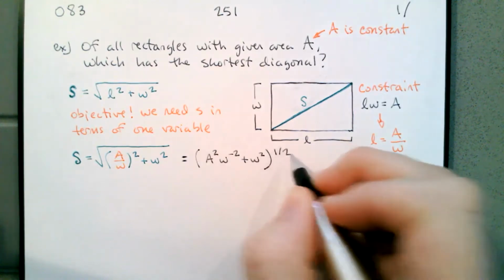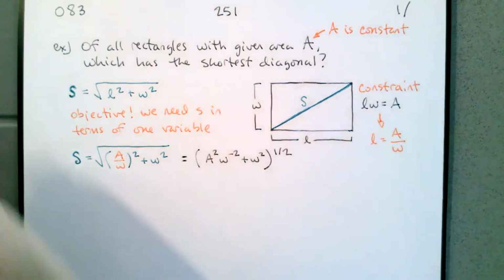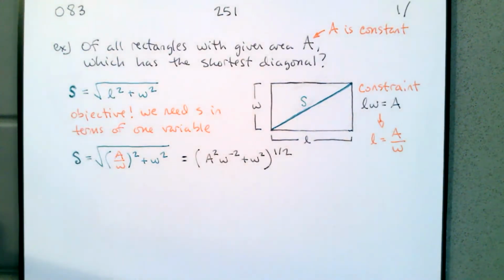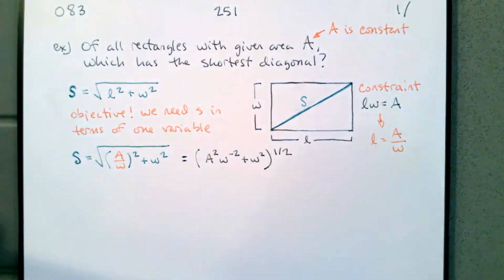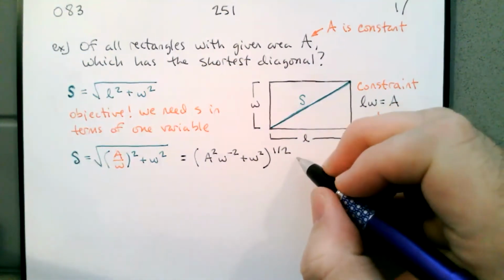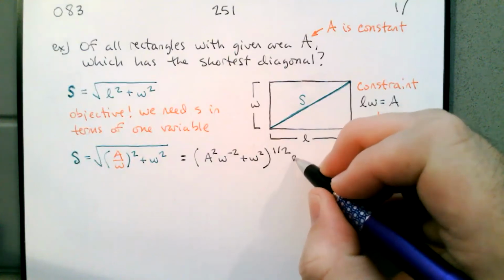This is all raised to the 1/2 power. So I'm getting things ready for us to take the derivative. I probably shouldn't build in such prejudices, but this 1/2 power, this square root, is going to cause problems.